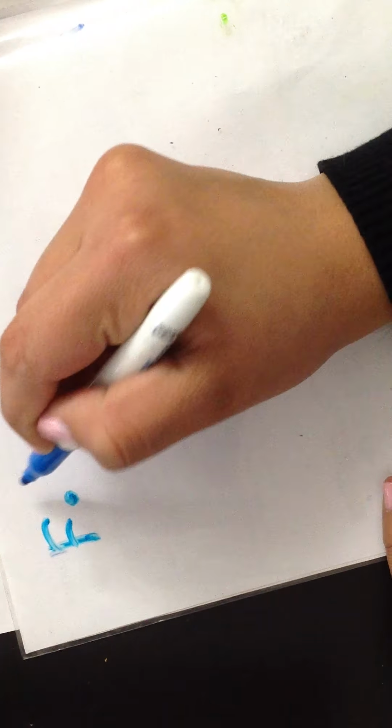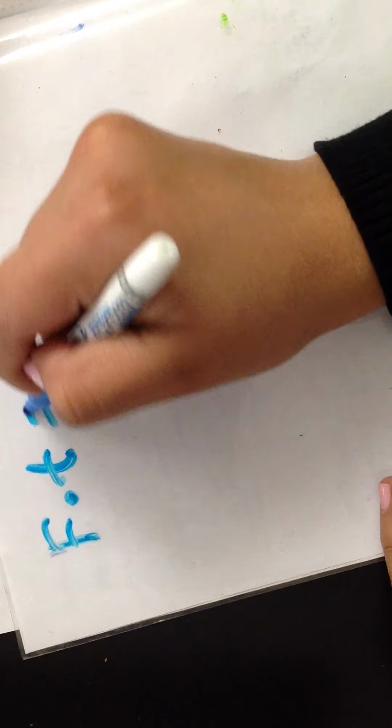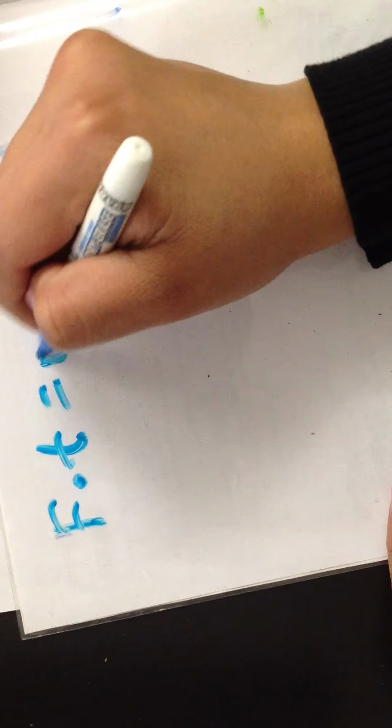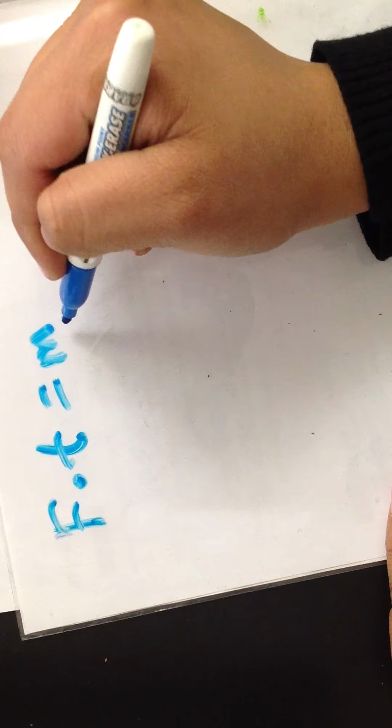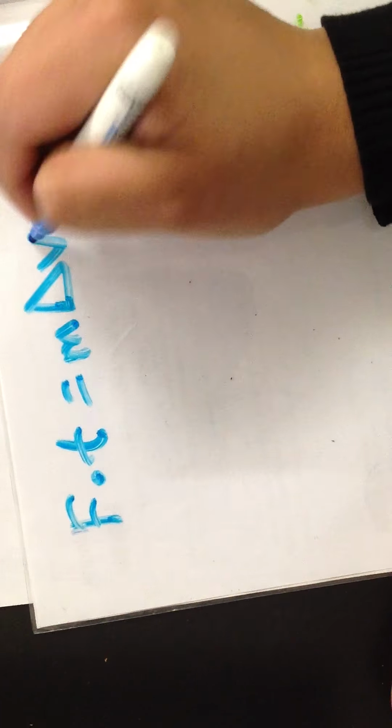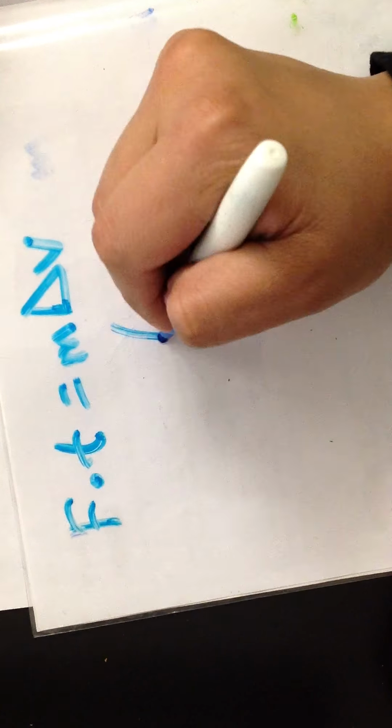Just to recap, we just talked about impulse and momentum. If you apply a force over time to an object, which is this mass here, that causes the object to change its velocity, which is your change in momentum.